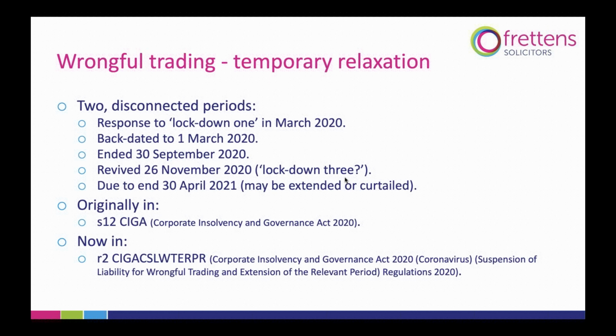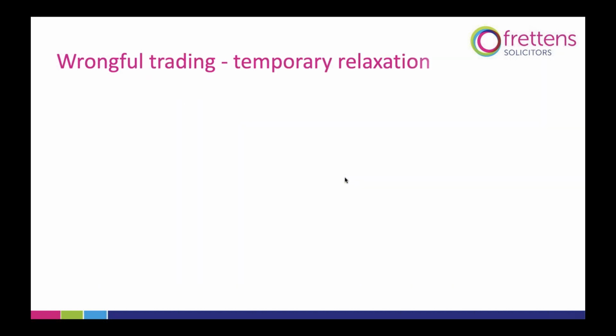And you've got the current relaxation, relaxation 2, in Regulation 2 of, take a deep breath, the Corporate Insolvency and Governance Act 2020 (Coronavirus) (Suspension of Liability for Wrongful Trading and Extension of the Relevant Period) Regulations 2020, known as CIGA slaughter to its friends, I think.